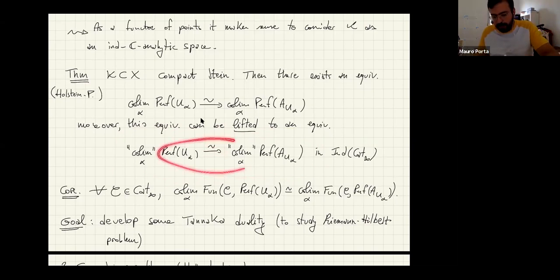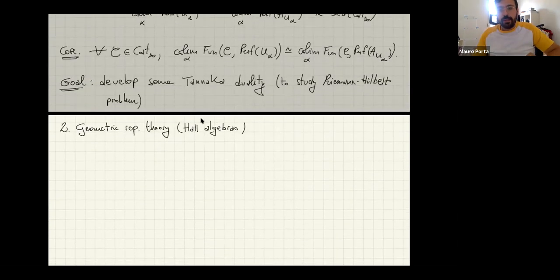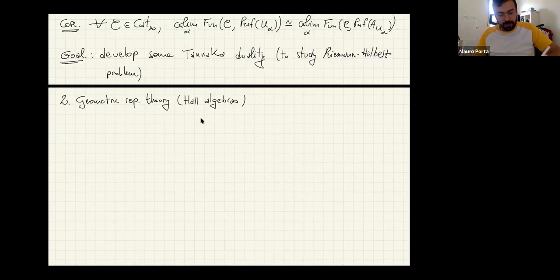If you know this, it's almost like having the explicit homotopy, so it's preserved by any operation that you can do to this thing.